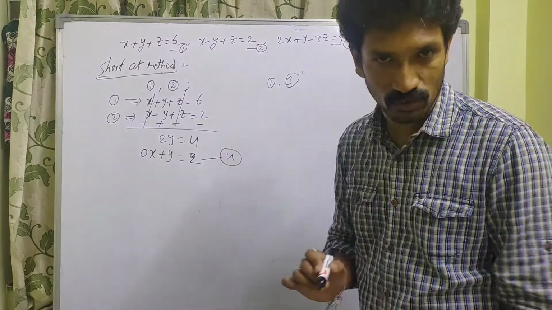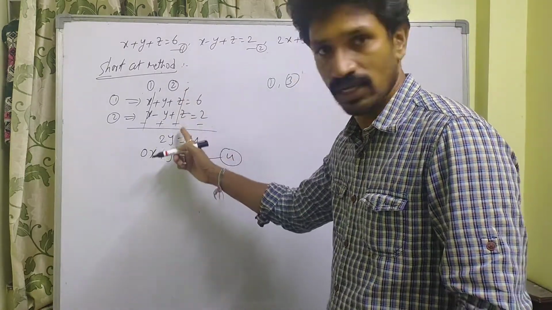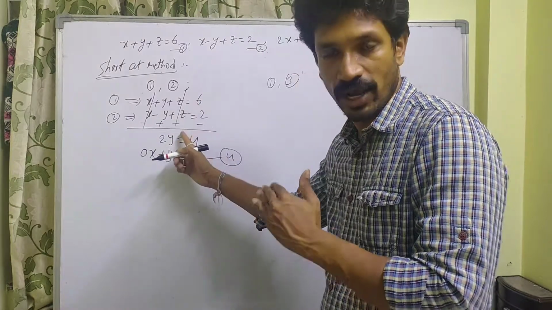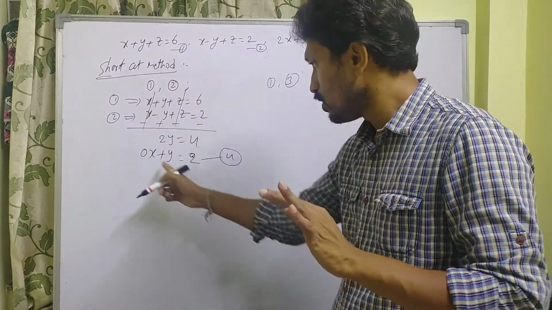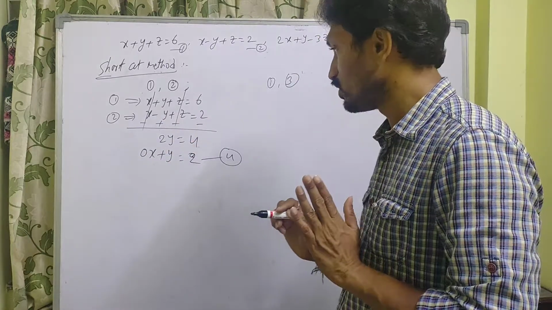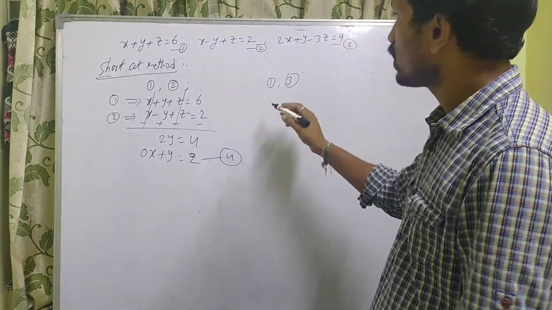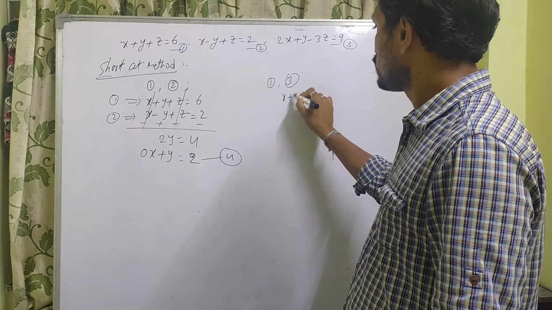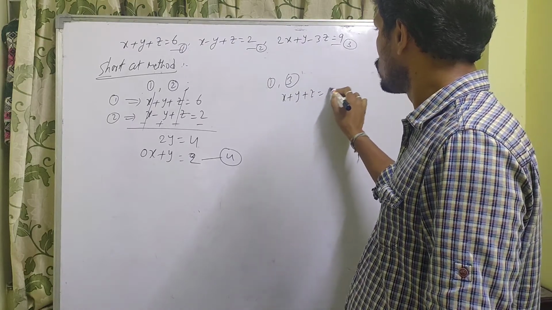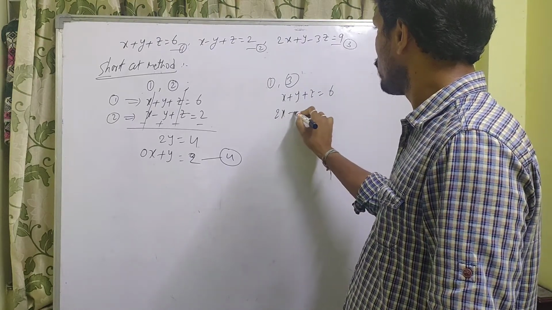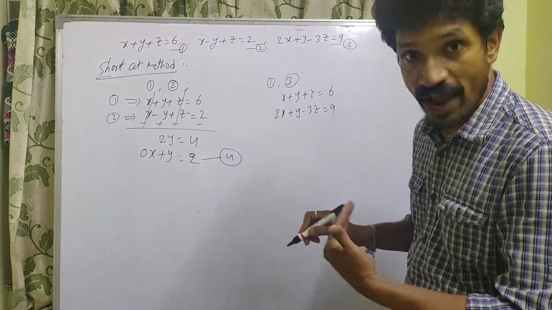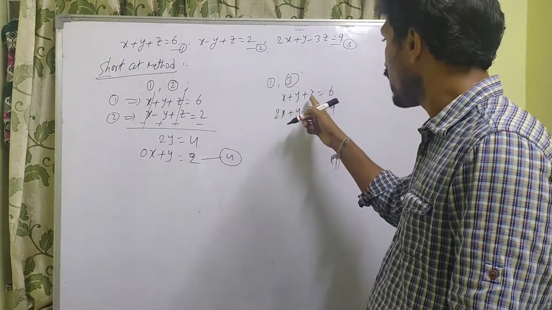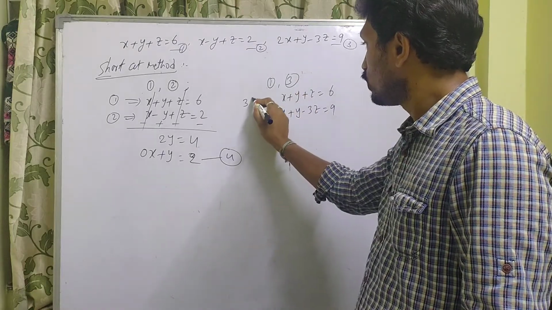Next, using 1, 3, you take 1, 3. The same variable x, the same variable z. Our intention is to eliminate z, but unfortunately x is also eliminated. But no problem. So I am considering 0 into x plus y is equal to 2. See, from 1, 3: x plus y plus z is equal to 6 and 2x plus y minus 3z is equal to 9. To eliminate z, we have to multiply 3 to equation 1.